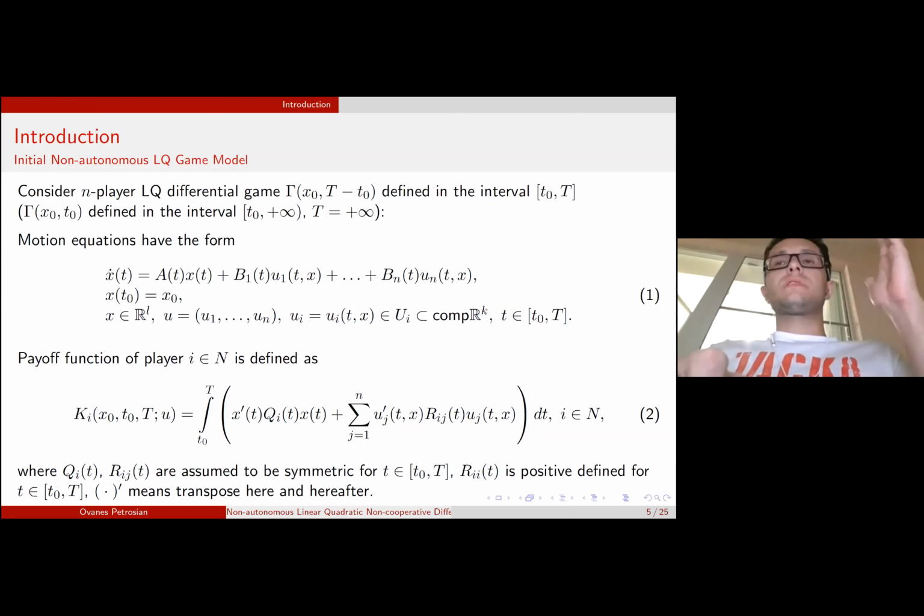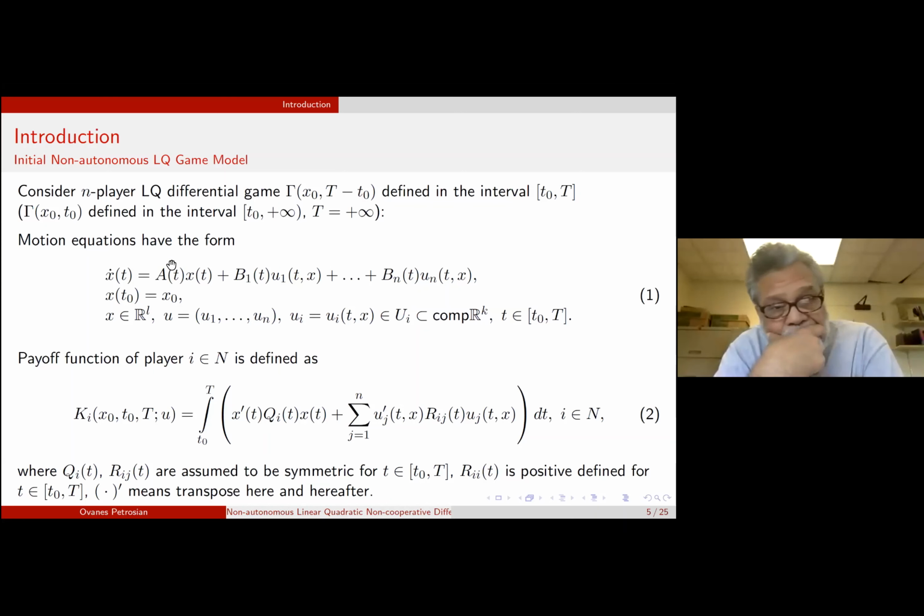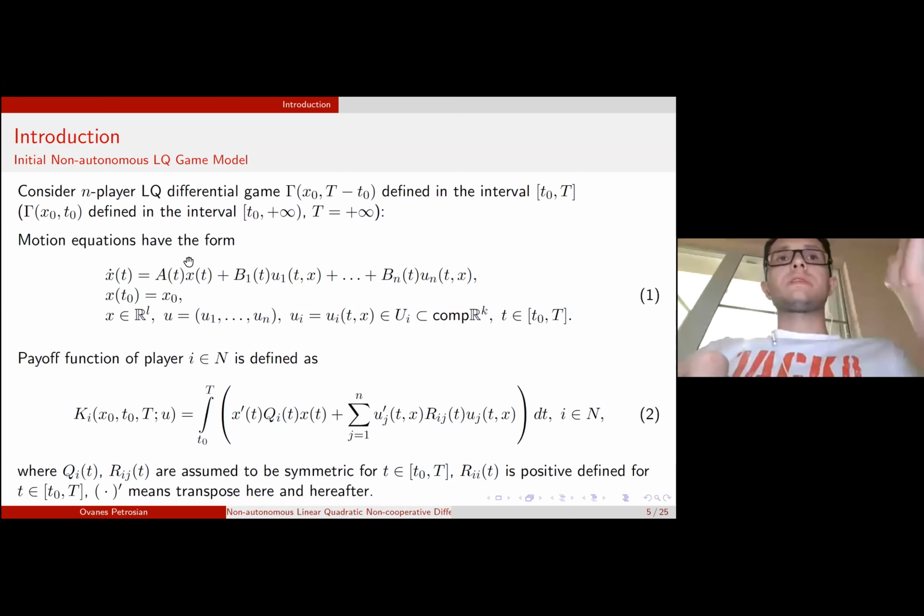This model is described by the motion equations 1 and the payoff function 2 for each player i. The important thing is that the matrices A, B1, ..., Bn, and Q_i, R_ij are functions of t.